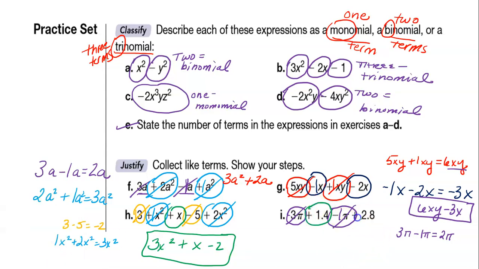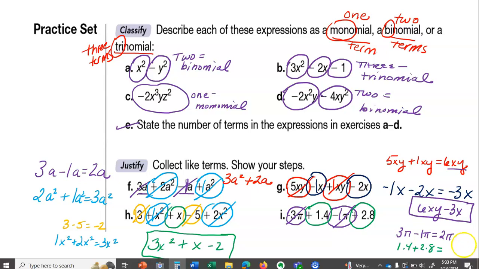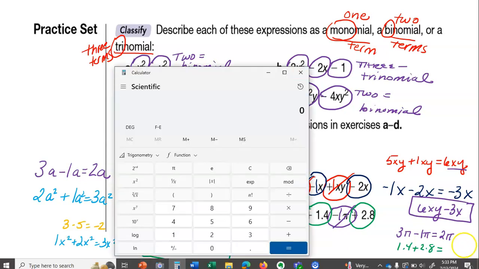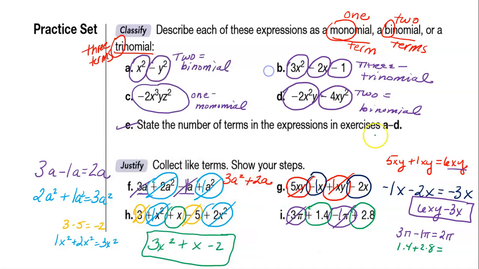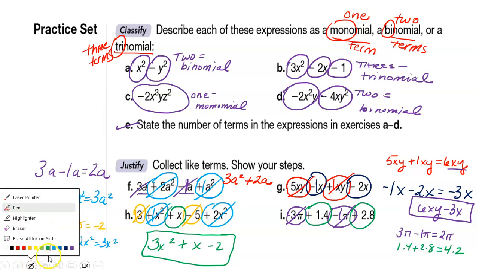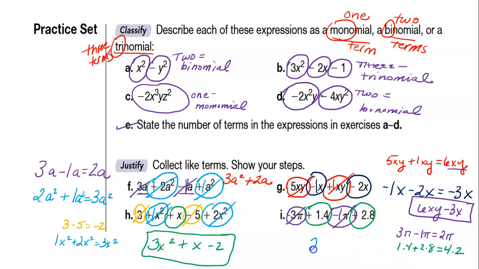Then I have 1.4 plus 2.8 equals, let's see if it'll let me pull up the calculator. Okay, 1.4 plus 2.8, 4.2, okay. So that's 4.2. So my answer is going to be 2 pi plus 4.2.